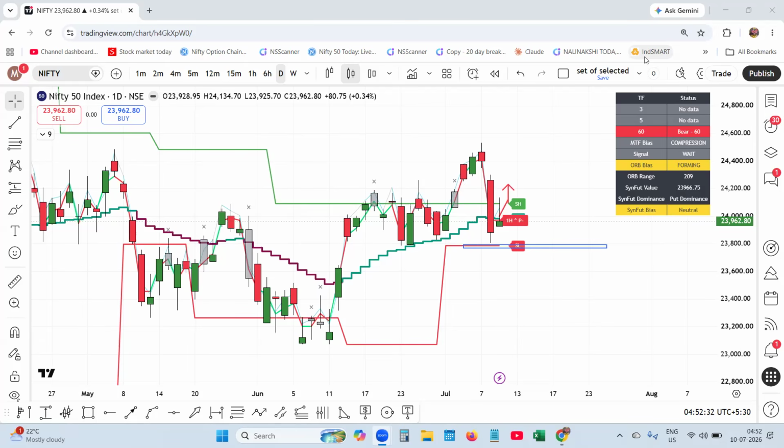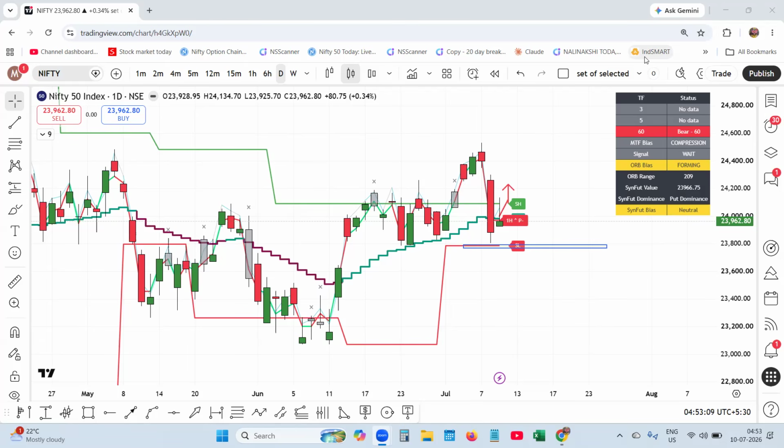For example, suppose Nifty ATM strike is 25,000, the 25,000 call option is 150, the 25,000 put option is 100. The synthetic future is 25,000 plus 150 minus 100, which gives you 25,050. This means option traders are pricing Nifty at 25,050 even if spot Nifty is trading somewhere else.